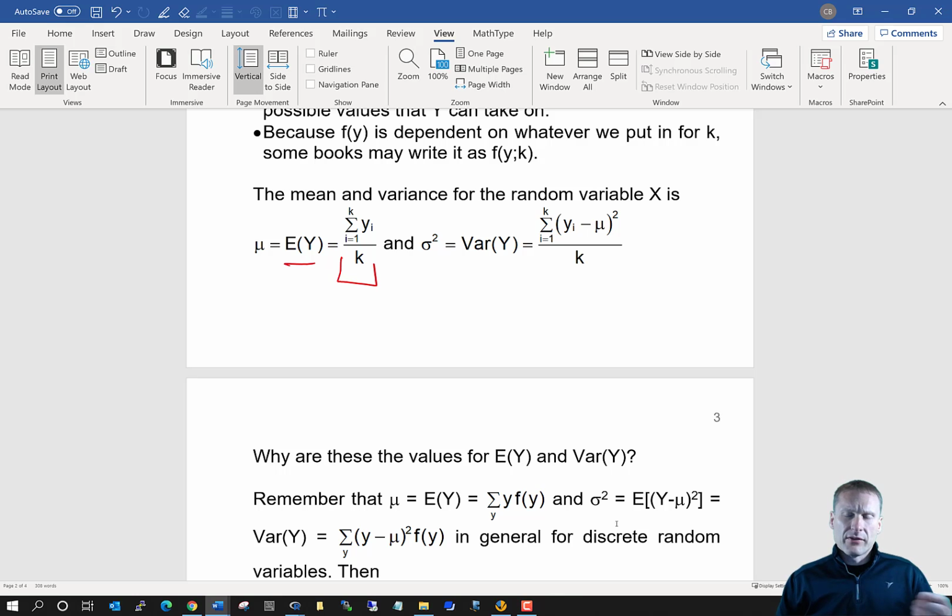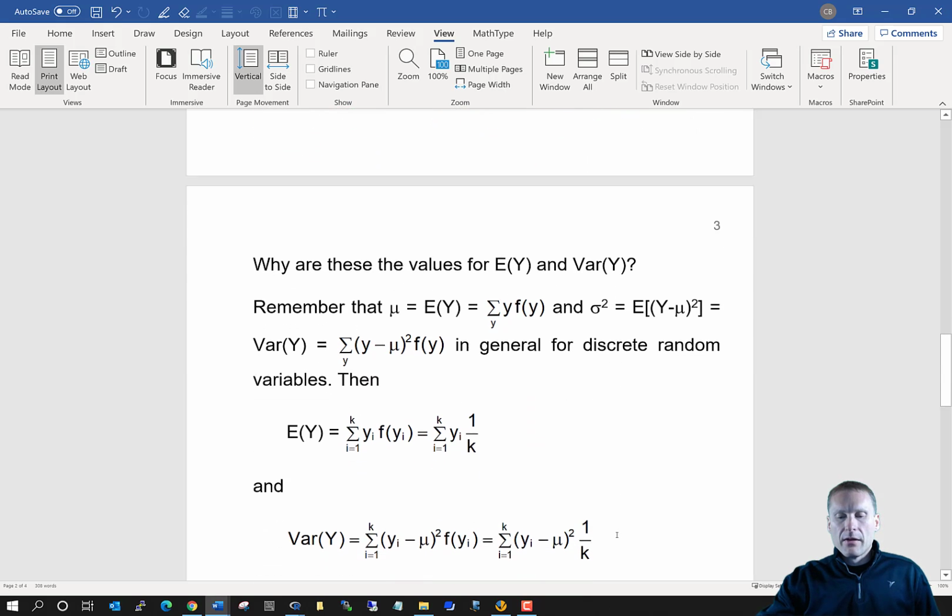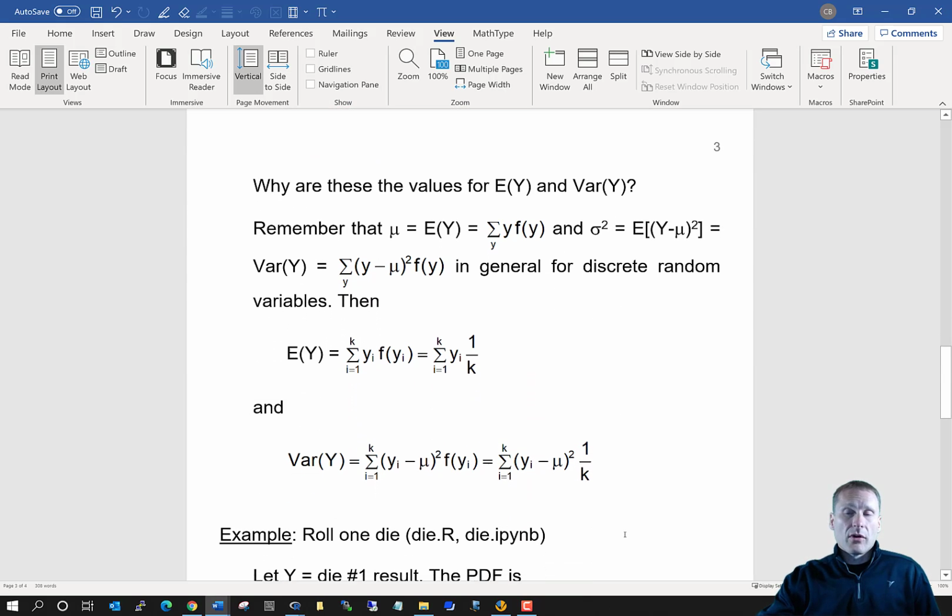Again, y will be like a numerical value. We'll look at an example of its application shortly. Expected value of y is equal to the sum of all the possible values of y divided by k. The variance of y, also known as sigma squared, is the sum of all your y, subtract off mu squared, divided by k.